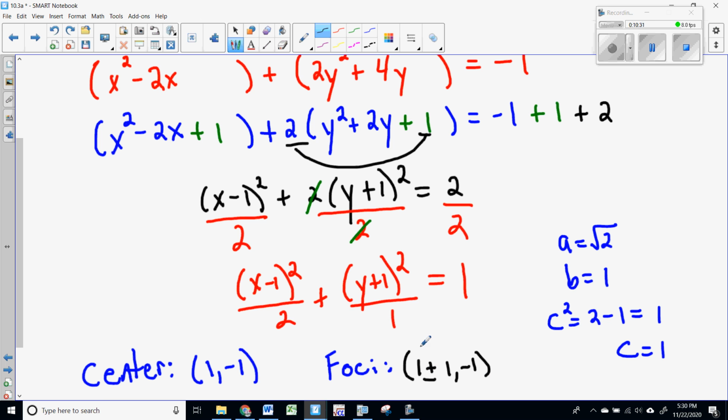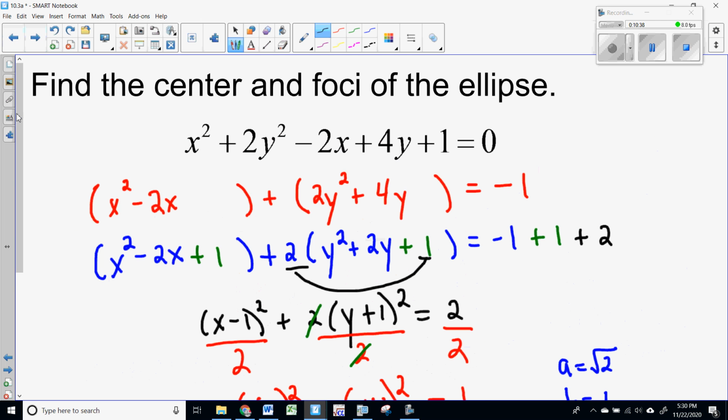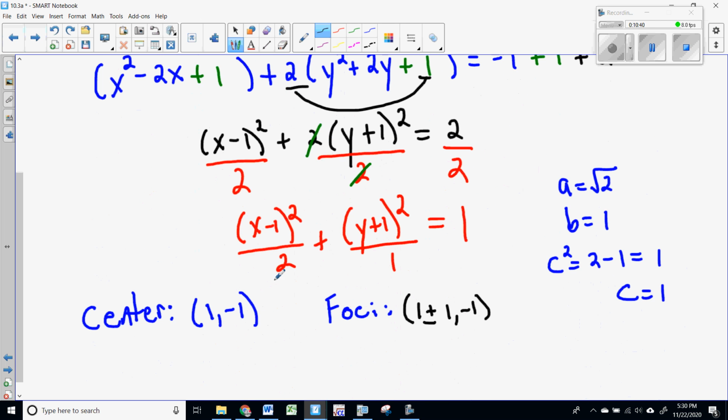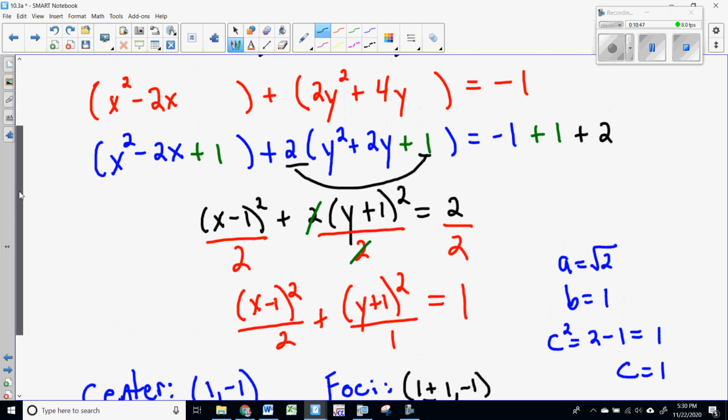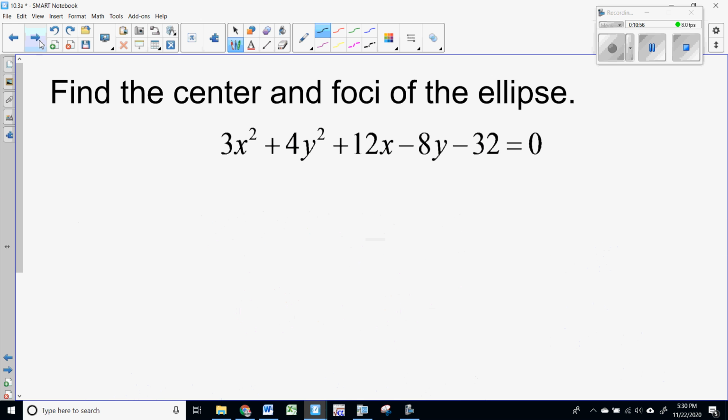Now that last part we did pretty quick. That goes back to what we did to start last time on how we find our foci and center from the equation. So here we had to complete the square with the y's. But the x's, since there was a 1 in front of the x squared, we didn't need to factor anything for the x's. But let's look at an example where we have to factor out of both. And I'm going to do this in an extra step here.